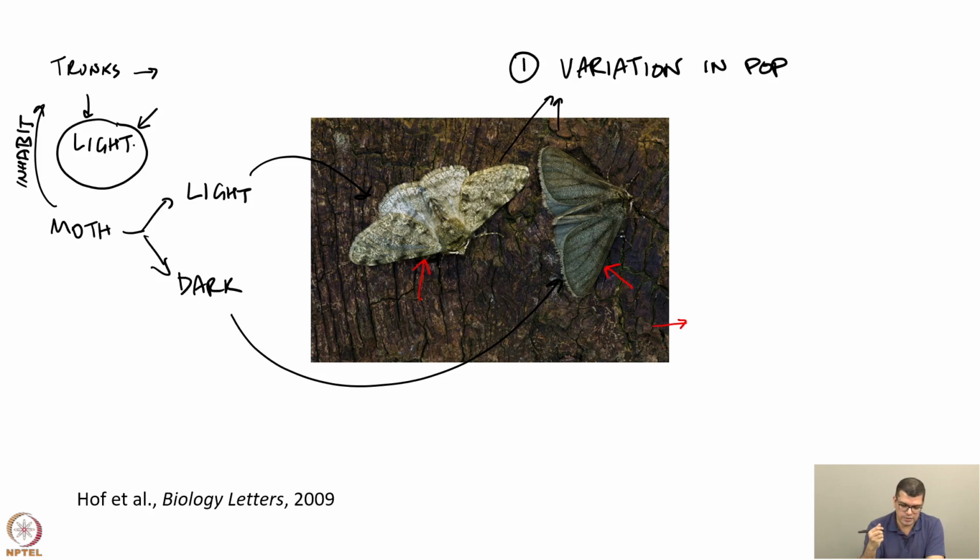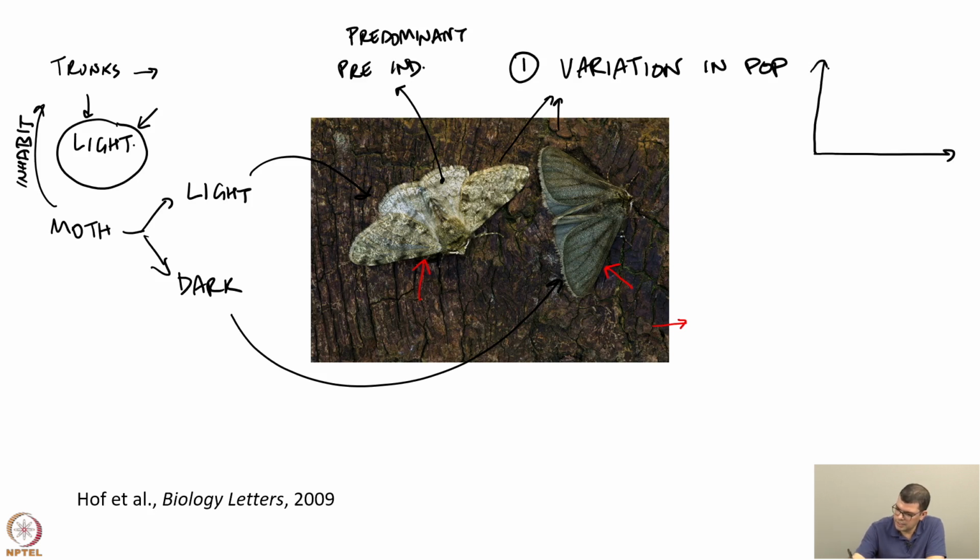And as a result of this, the predominant population of the moth pre-industrialization was this. So, this was the predominant population pre-industrialization, and we can draw this in the form that maybe 90% of the population was the white background and 10% of the population was the dark background.